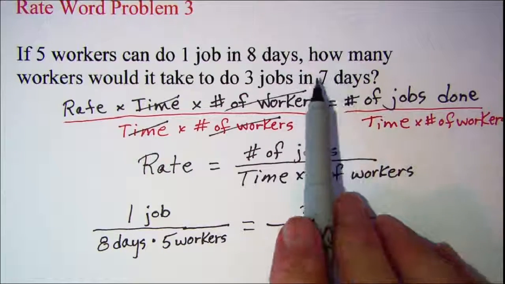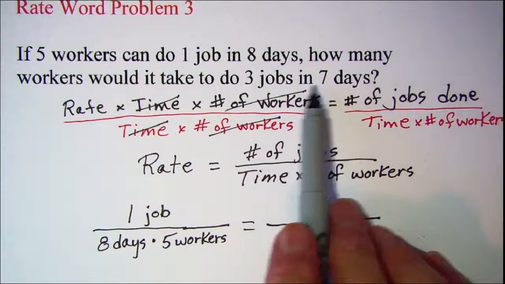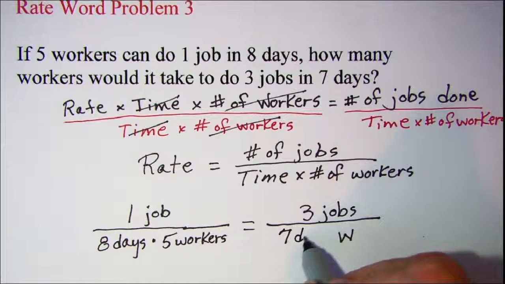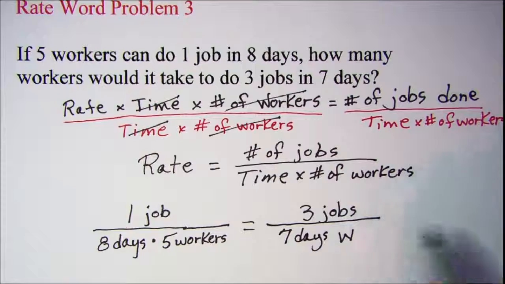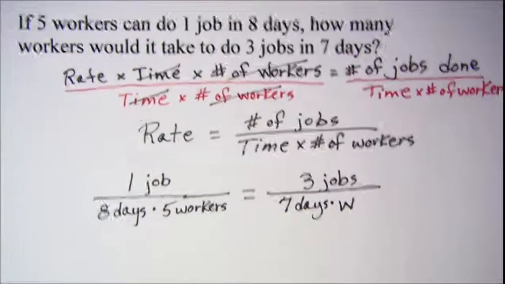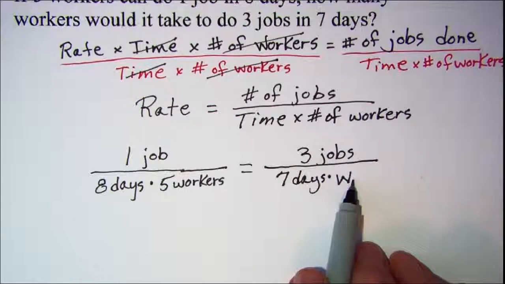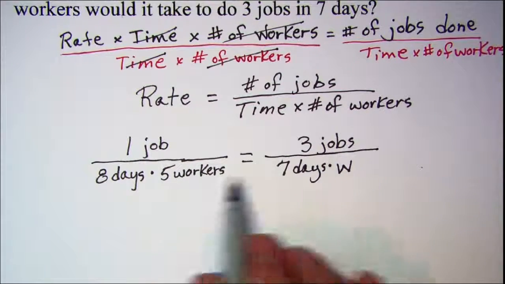And then we have 7 days to do those 3 jobs, so the time is 7 days. Right, now we have one variable, so we can work this proportion basically.